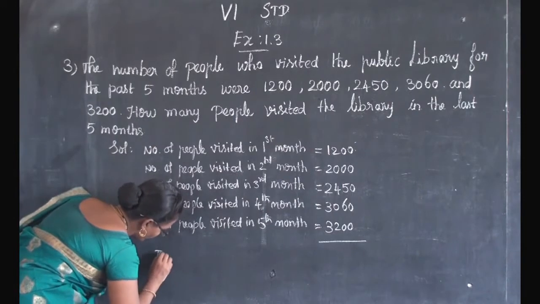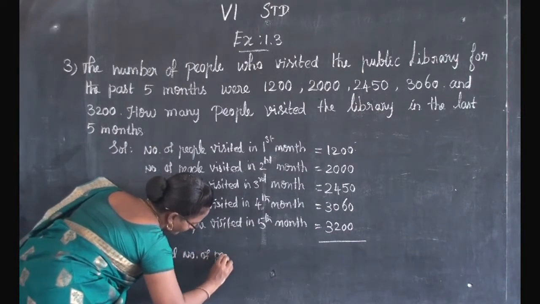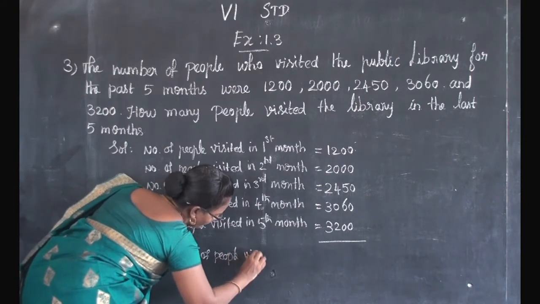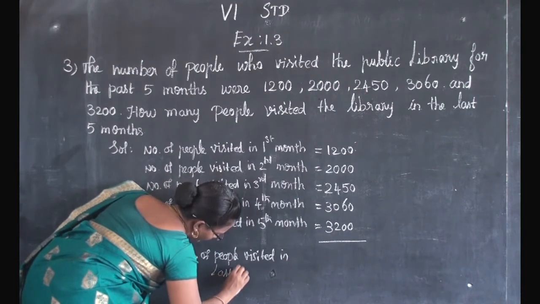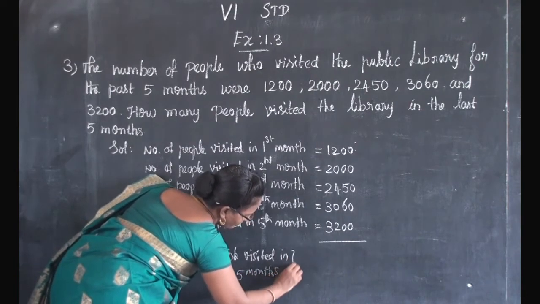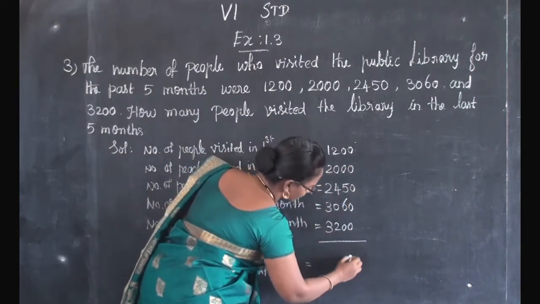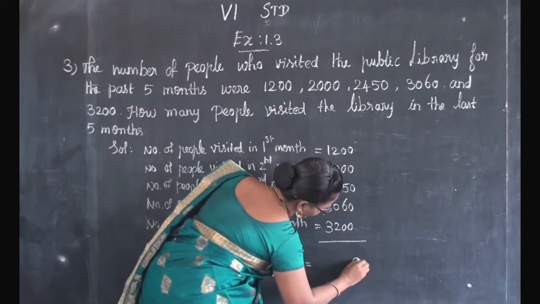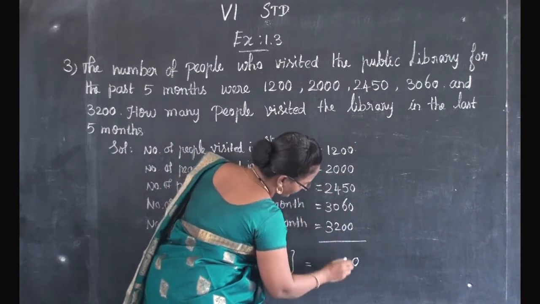Now, the total number of people who visited in the last 5 months. So add these numbers. 0. Here 5 plus 6, 11.